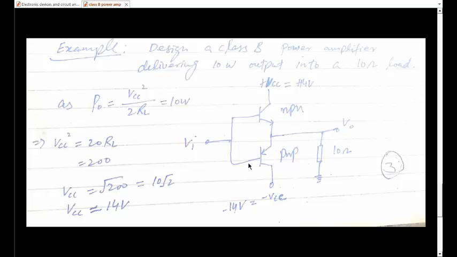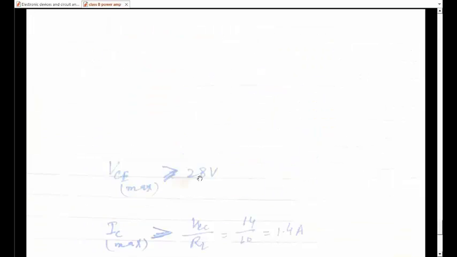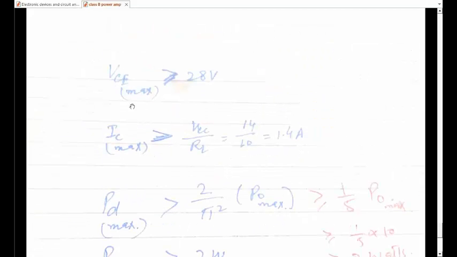For that we need to specify both transistors. Their ratings are maximum power dissipation, and the current and voltage ratings. The voltage rating should be such that VCE max across any transistor should be greater than 28 volts, and IC max, the maximum current that would flow in any transistor's collector, should be greater than VCC by RL, with VCC 14 and RL 10, so 1.4 amperes.